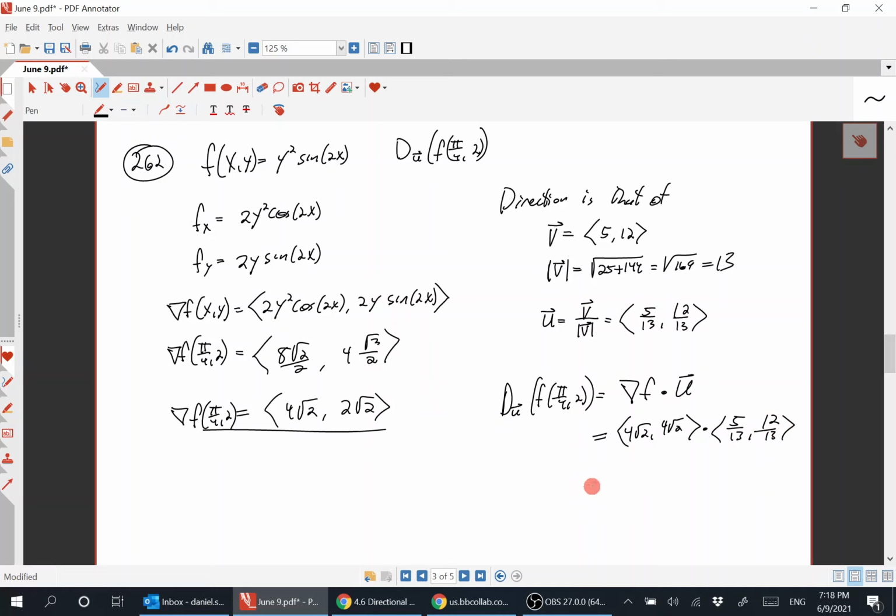So this becomes 20 root 2 over 13 plus 24 root 2 over 13. So that is 44 root 2 over 13.